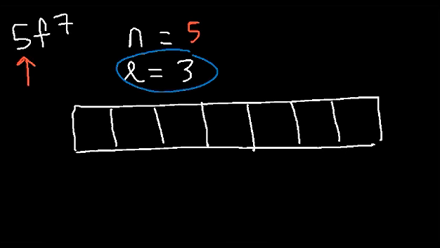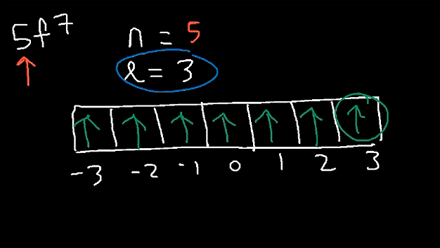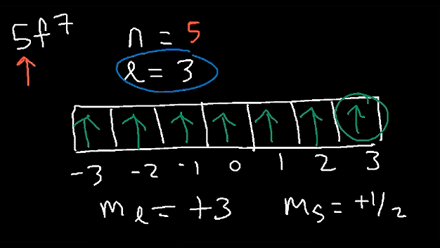And since L is 3, ML could be anywhere from -3 to 3. We're looking for the 5f7 electron. This is 1, 2, 3, 4, 5, 6, 7. So the 7th electron lands in the orbital where ML has a value of +3. And since the arrow is in the upward direction, the spin is +1/2.